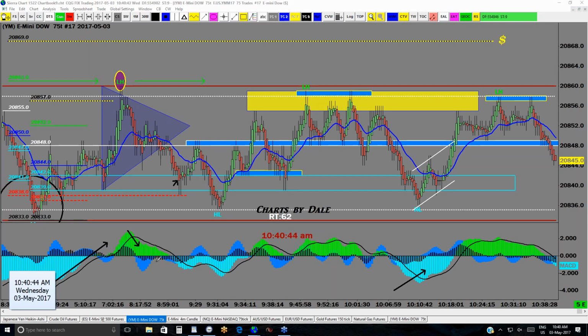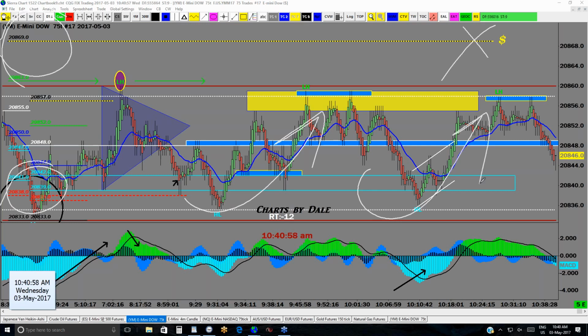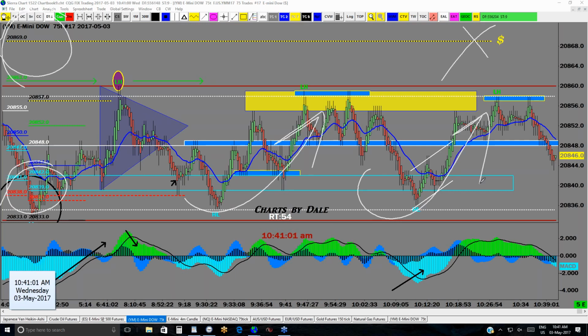So although this here 869 did not get reached at this time, our support held pretty good at 838, and you're able to take some money off of both of those upward trades. MACD is turned to the downside here, so you have to cover.